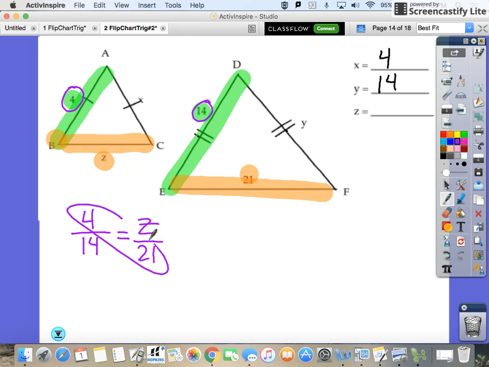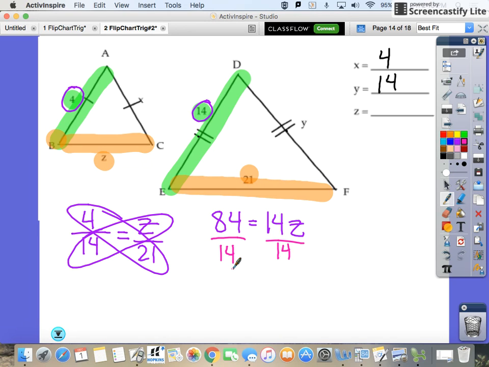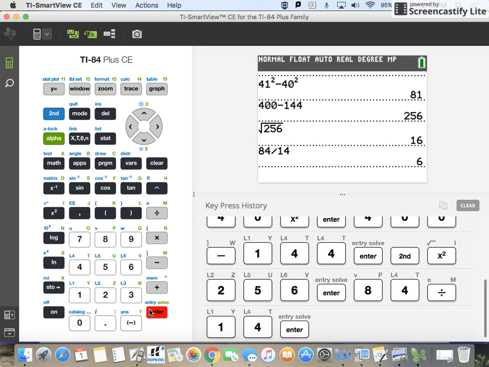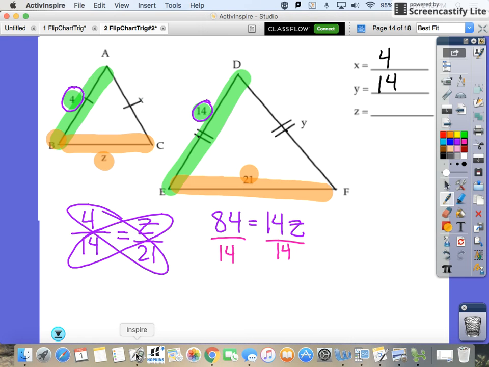And then if you think back a couple of units, cross multiply, you get 84 is 14z. And then if you divide by 14 on both sides, I believe we get 6. Yep. So z equals 6.